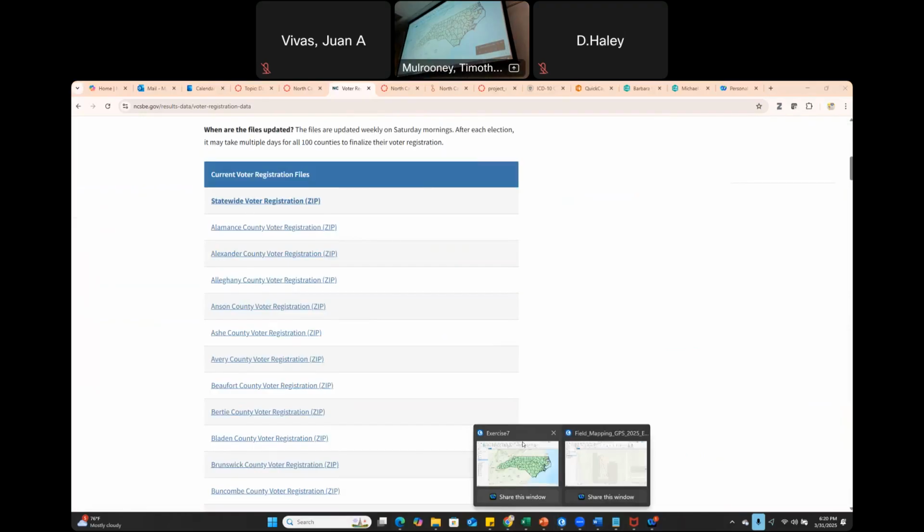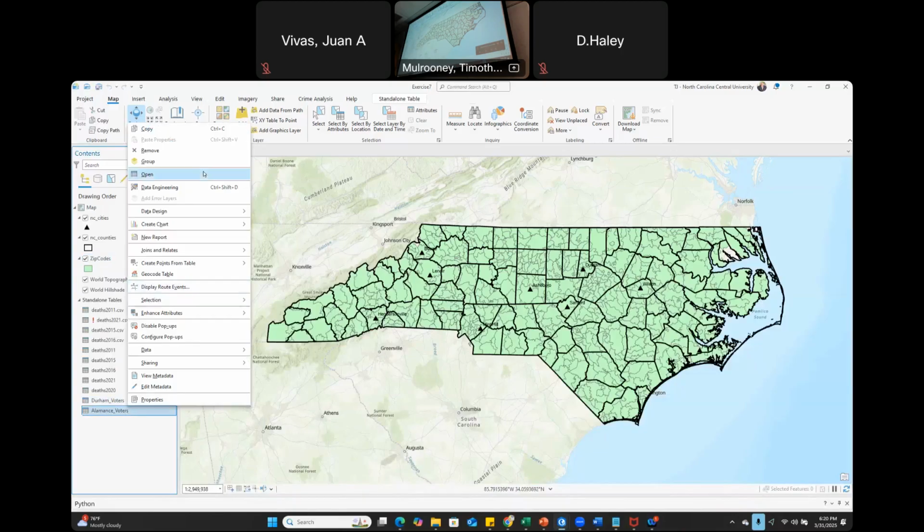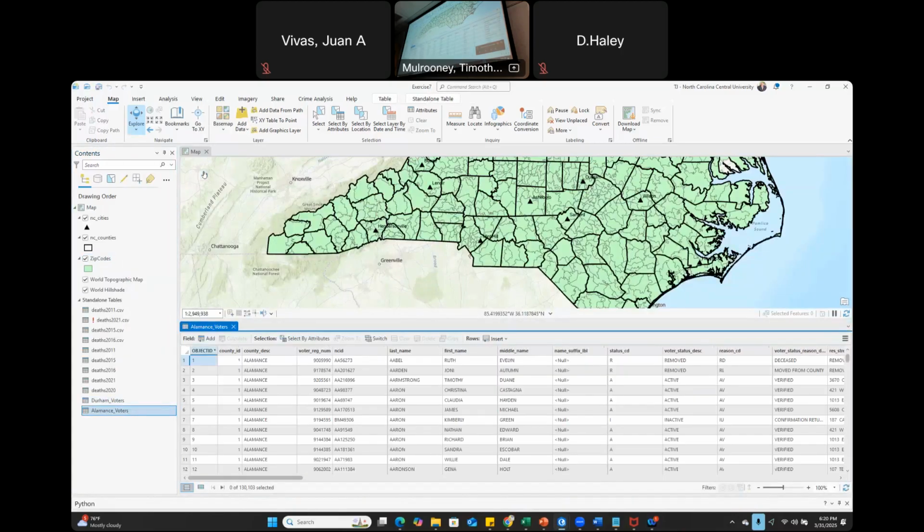You can see here, I've got Durham voters, Alamance voters. I can right mouse click, and I'm not sure if you all have this one here, but this is all 130,000 voters in Alamance County. Look how quickly it opened up in ArcGIS Pro. ArcGIS Pro can handle these robustly. These are all the voters we have.